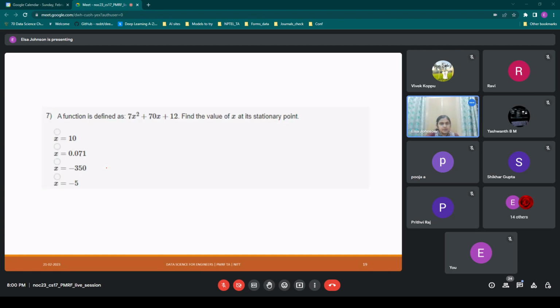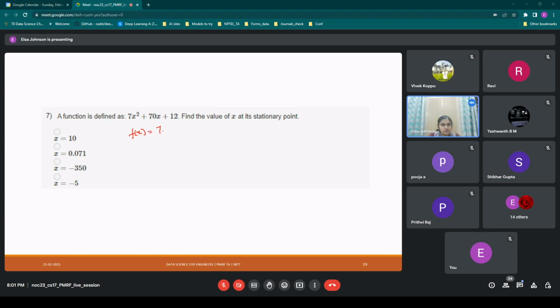Okay. Now, the next question: a function is defined as f of x equals 7x square plus 70x plus 12. Find the value of x at the stationary point. So tell me, what is a stationary point?